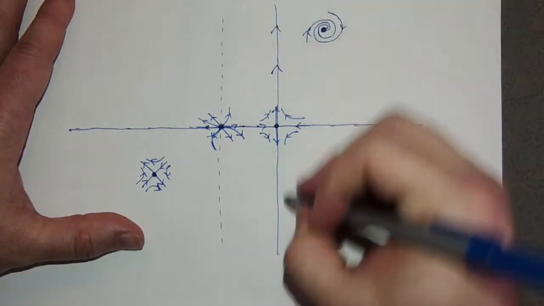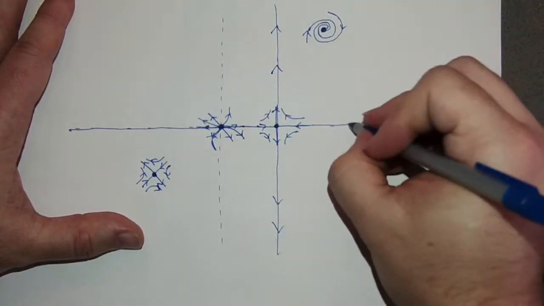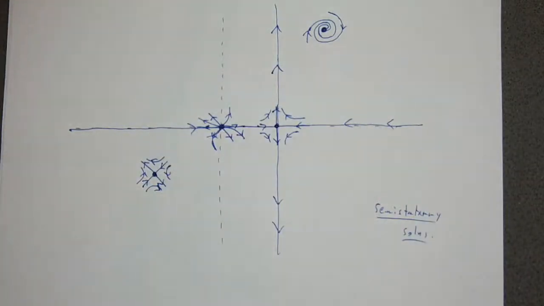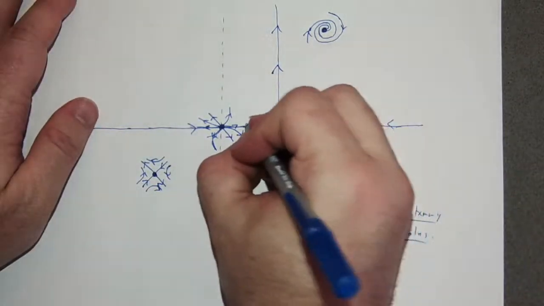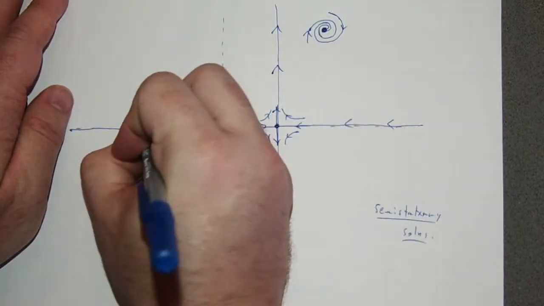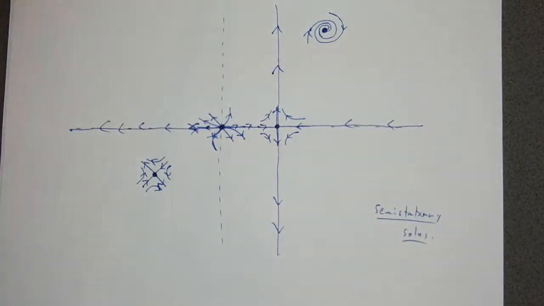So these are stationary solutions. Oh, no, sorry. This is moving towards. This arrow's in the wrong direction. This is moving away.